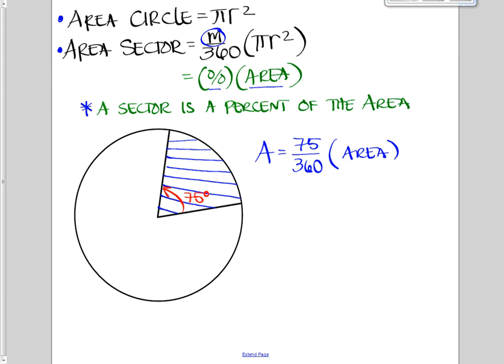We're just exploring this formula. If you put 75 divided by 360 in a calculator, this comes out to be 0.20833, times the area of the circle.